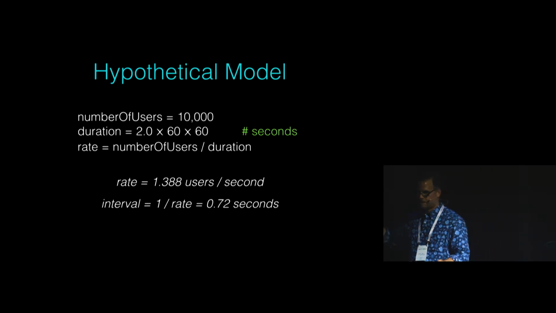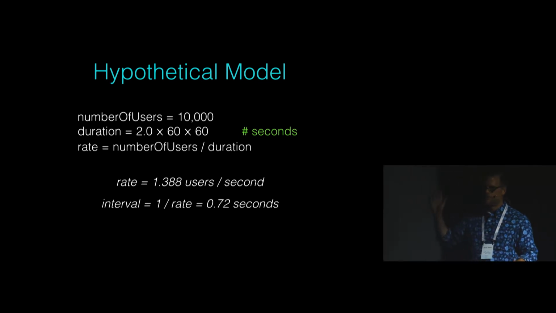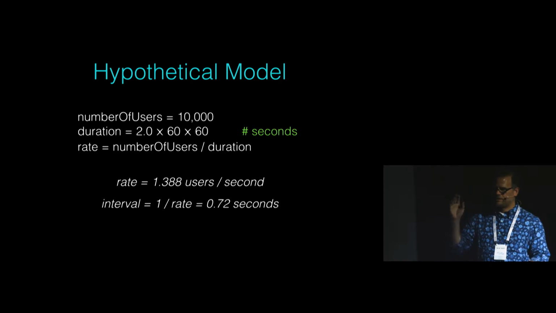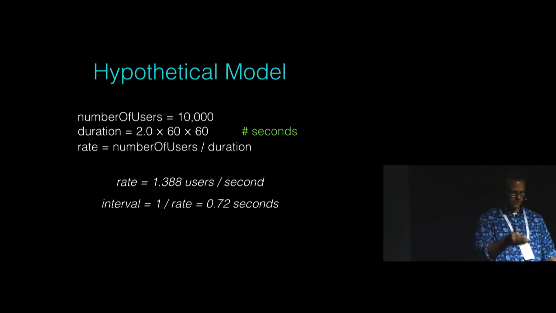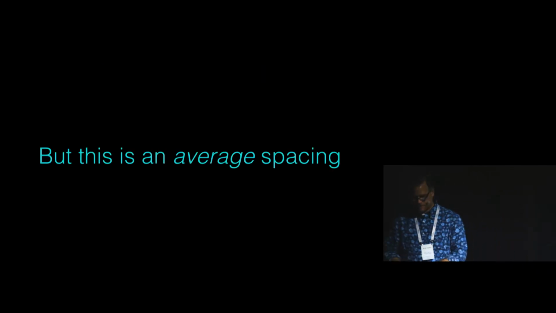That gives us a rate of 1.3, 1.4 users per second coming at our server and doing stuff. Or you can invert that and you get basically an interval of 0.7 seconds between users coming in. And that's, again, an average spacing. This is not guaranteed. It's not what you would see in the real world.